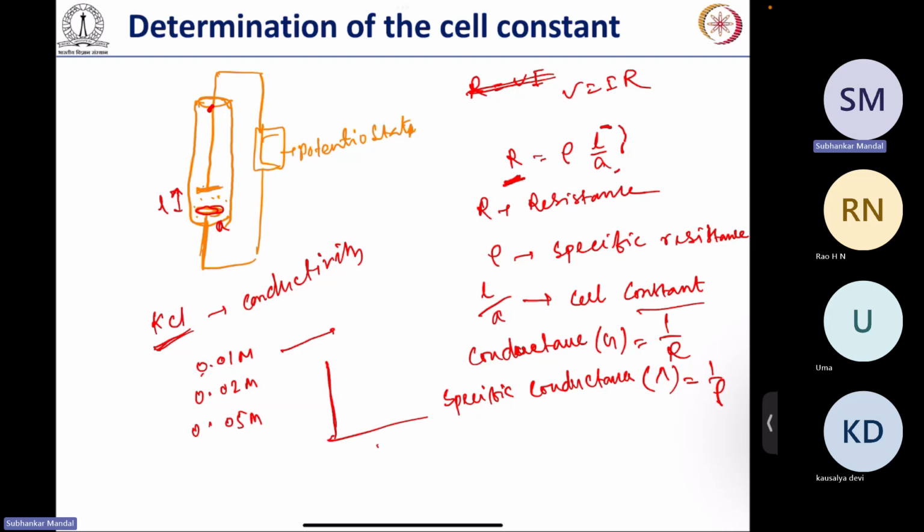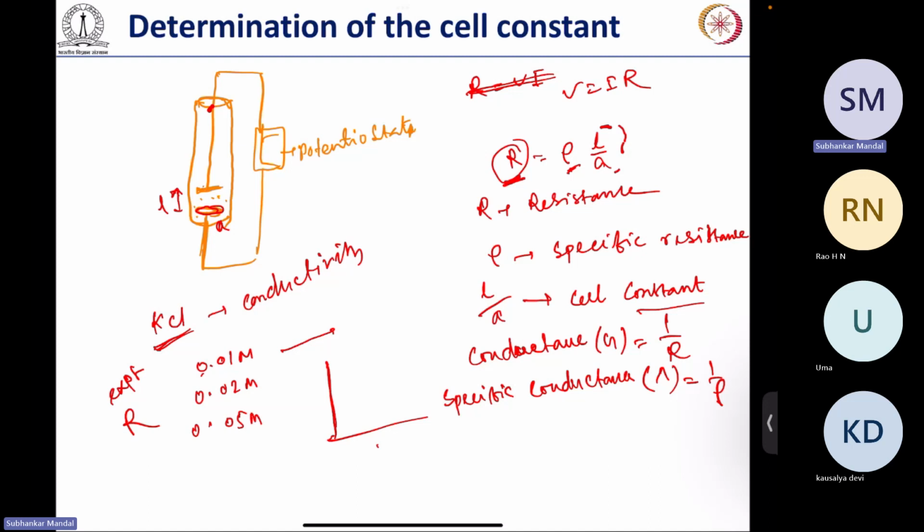From the experiment you get the R value, and the specific conductance or rho you know from the literature, because it is given for 0.01 molar KCl at 25 degrees Celsius.